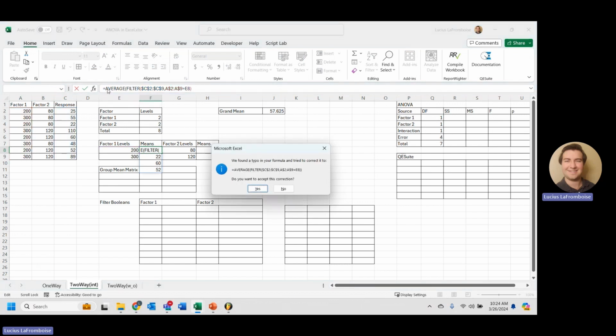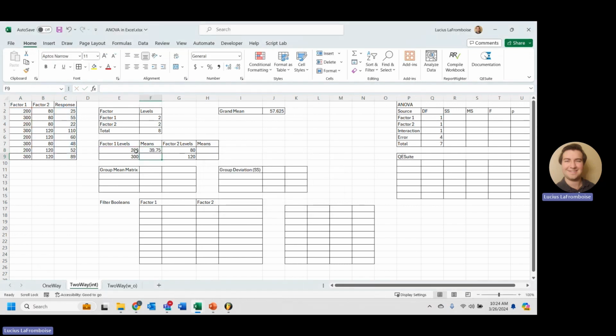So now we have those values, and we're just going to say average, enter, accept, and there is our average for our 200 factor level 1. Drag this down, and now we have our average for factor 1 at 300. Now we can just copy this over here, and we're going to have to do a little bit of rearranging.